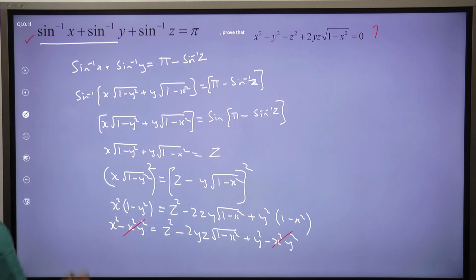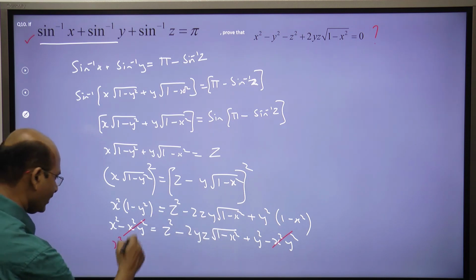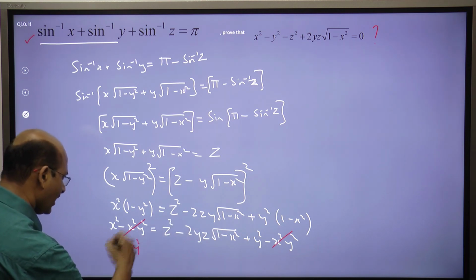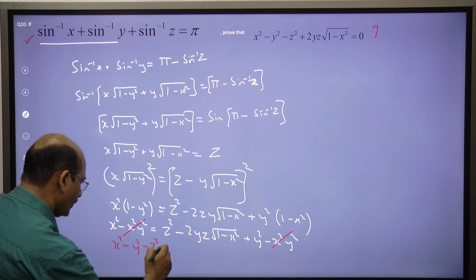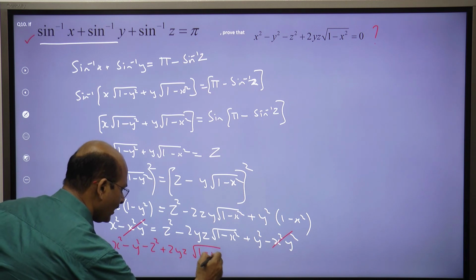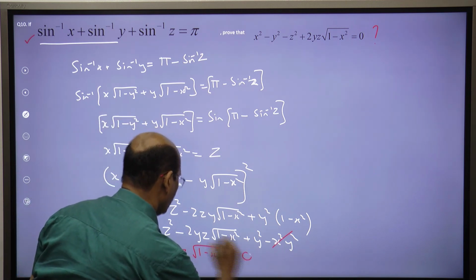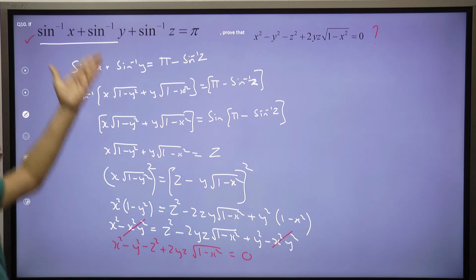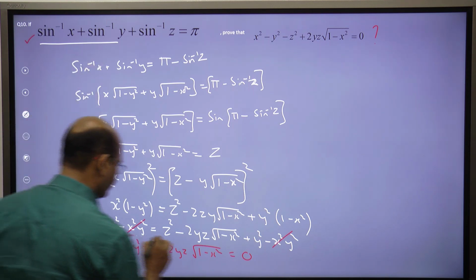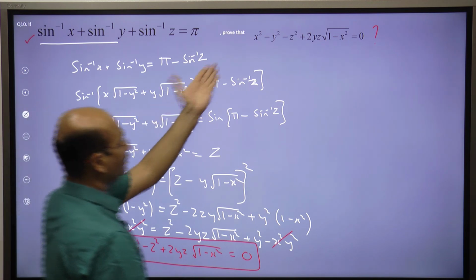Take everything on this side. So this will be x square minus y square minus z square plus 2yz root of 1 minus x square is equal to 0. Wow! I got the exact proof here, right?